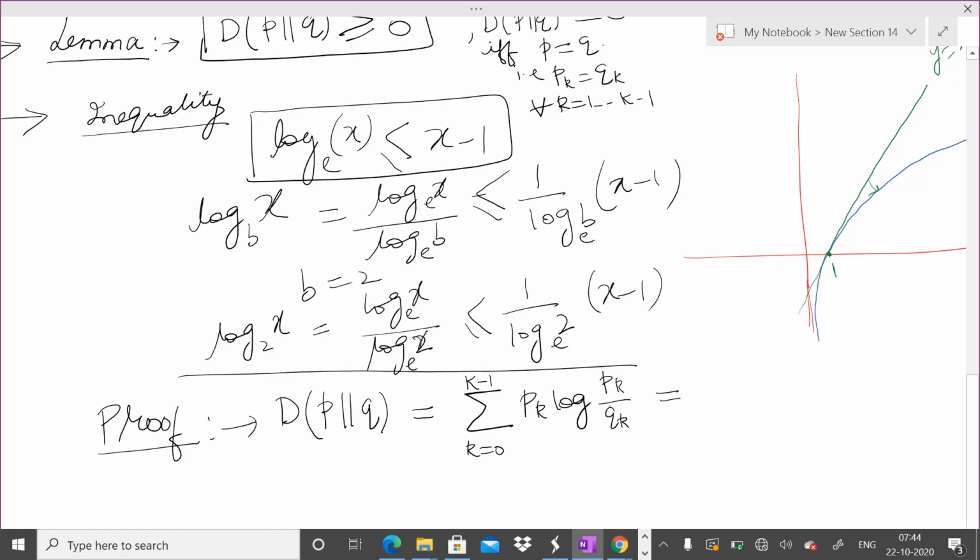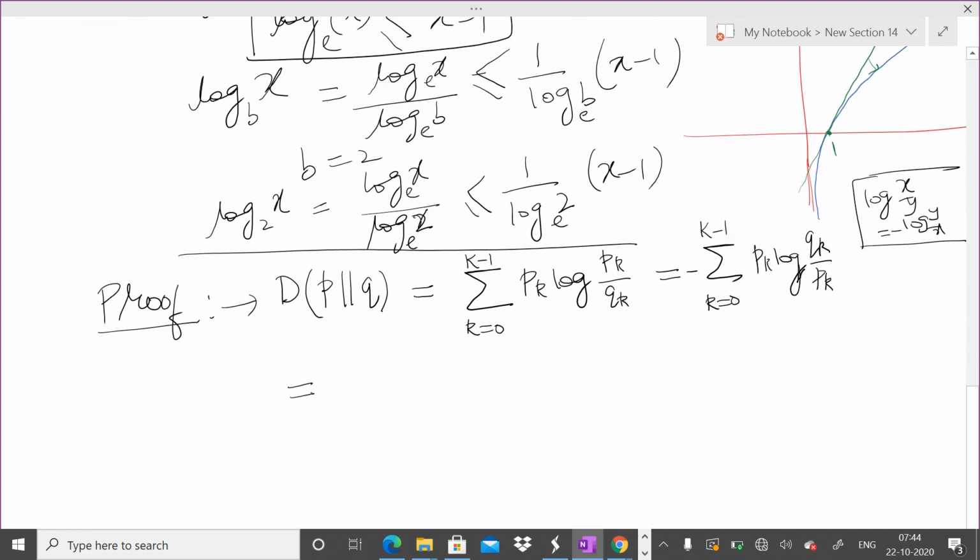I will reverse the log of pk by qk, so you should know this basic fact: log of x by y is minus log of y by x. So it will be minus pk log of qk by pk, right.